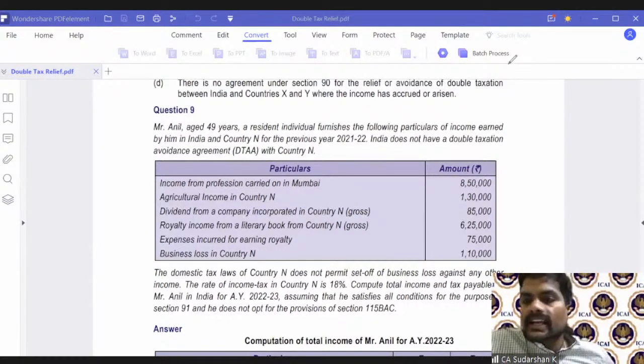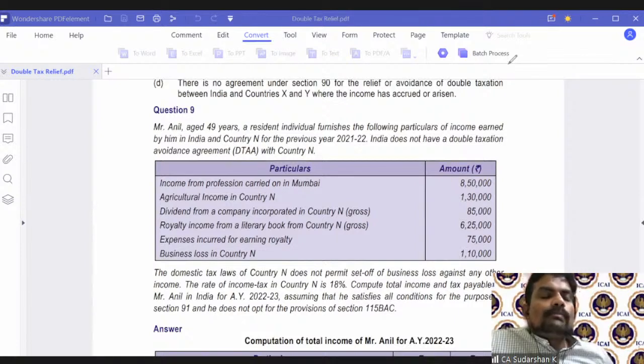So you can take 80QQB deduction, which is basically royalty income. So that's a specific deduction available on royalty income for residents under 80QQB. So that is one significant aspect to watch out.